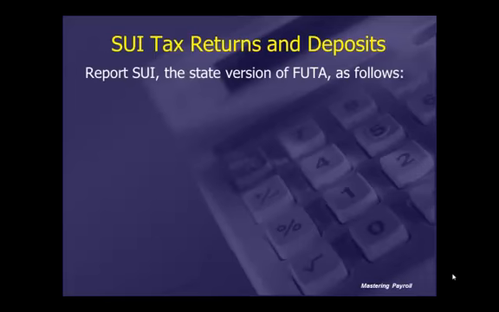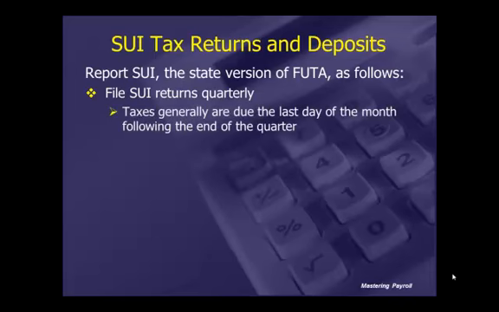You report SUI, state unemployment insurance, the state version of FUTA, the Federal Unemployment Tax Act, as follows. You file the state unemployment insurance returns quarterly. Taxes generally are due the last day of the month following the end of the quarter.